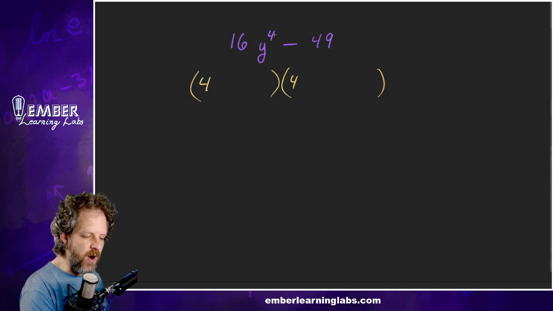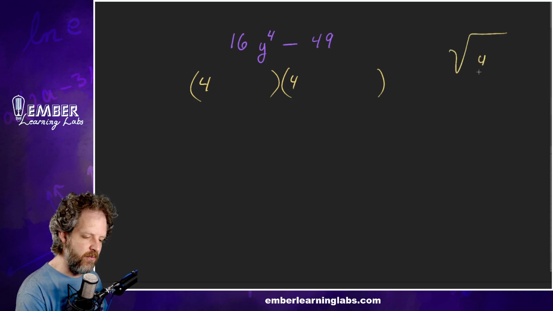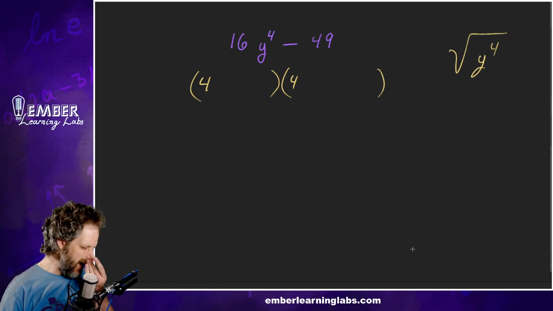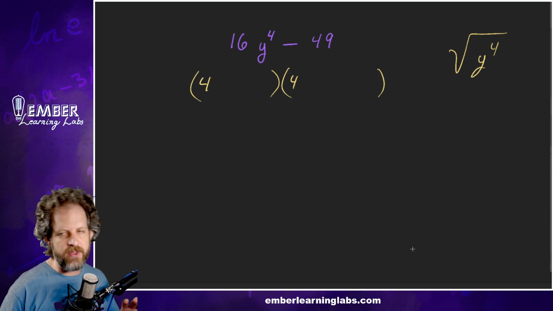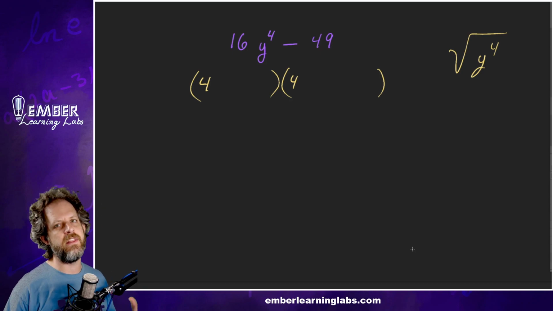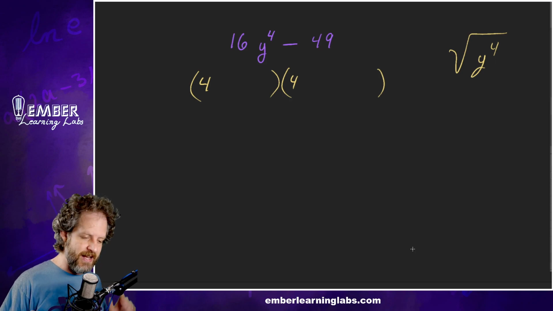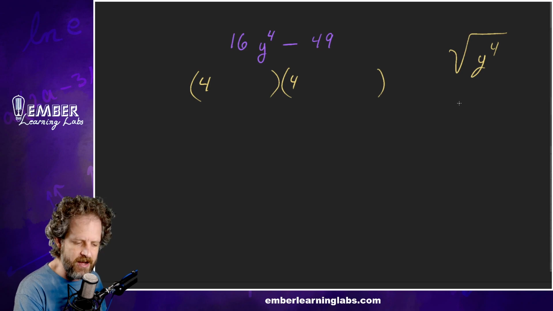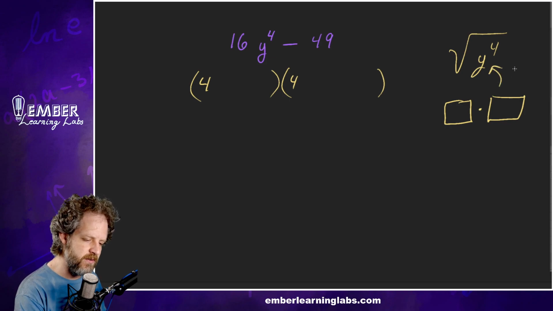What's the square root of y to the 4th? Depending on your previous background and whether you've learned about rational exponents and all of that other nonsense or not, we're going to learn about that later in this class. All you really need to think about right now is what times itself equals this one.